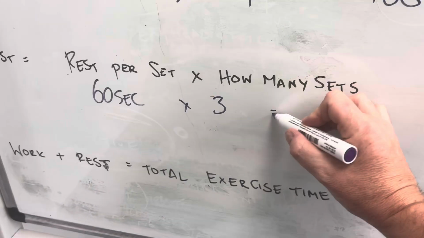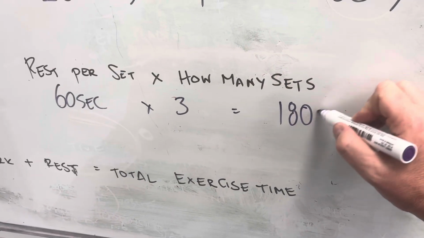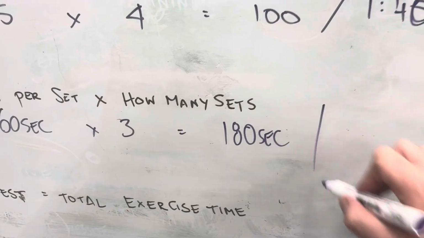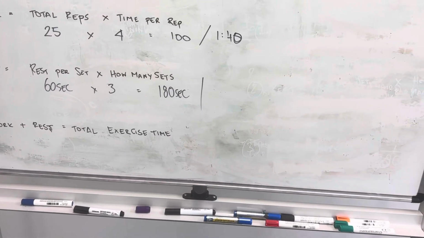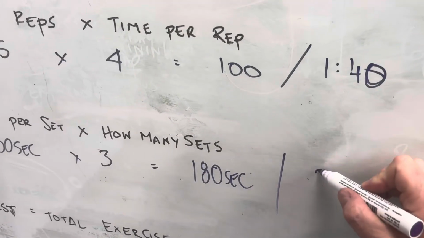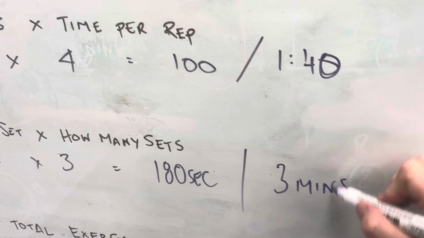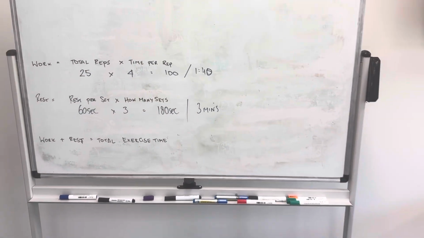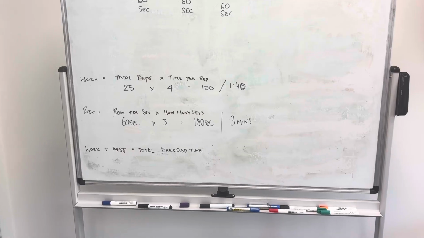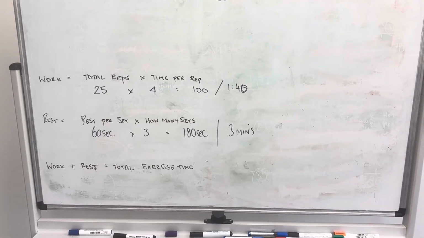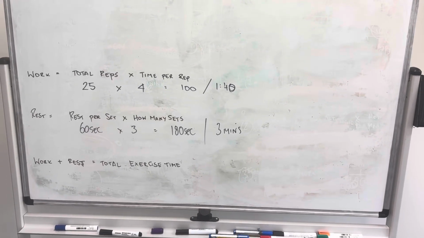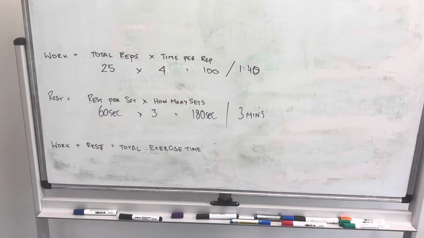And we can say that that is going to be 180 seconds. 180 divided by 60 is exactly 3 minutes. We know that there are 3 minutes in 180 seconds.